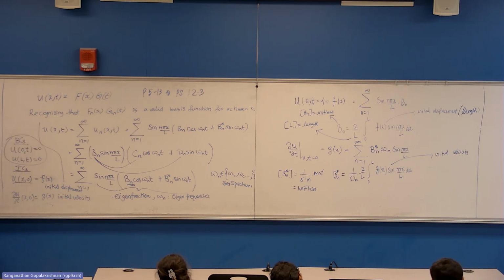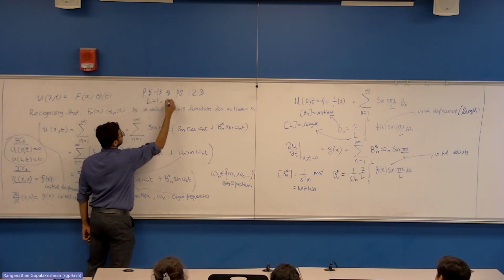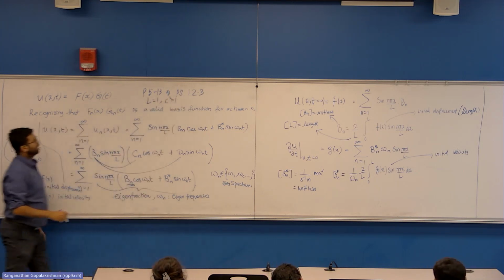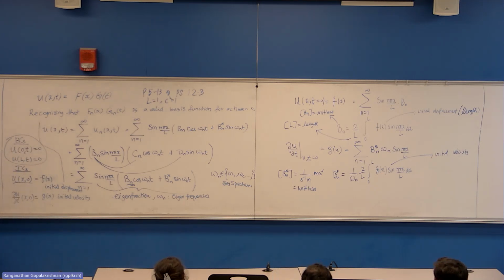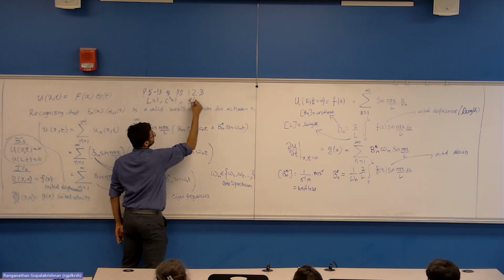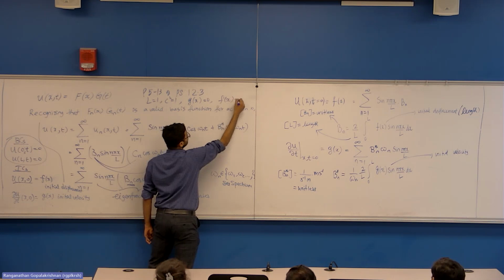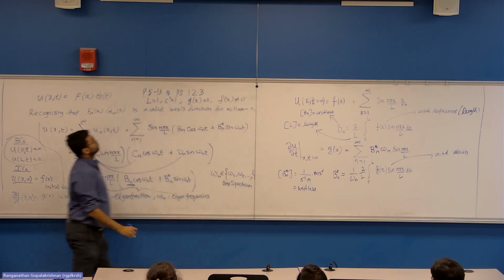They are saying the 1D wave equation is used to model the displacement of a string with L equal to 1 and C squared equal to 1. They didn't say which unit. Let's just say L equals 1 and C squared equals 1. They also say the velocity is 0, which is g of x equal to 0, and f of x is the only non-zero function.